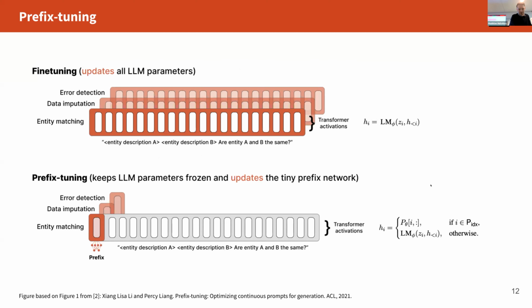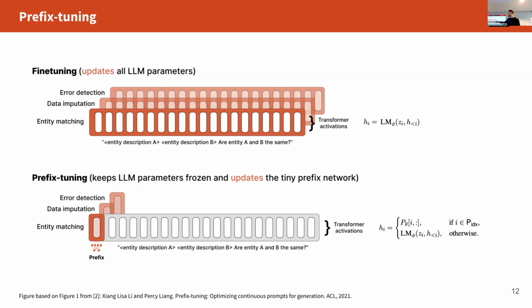To give you an overview of how prefix tuning compares to fine-tuning, we created this figure. How you need to interpret this is the big rectangles are the language models. If something is red, it means that the parameters are updated. And the white rectangles here are the activation values in the network.